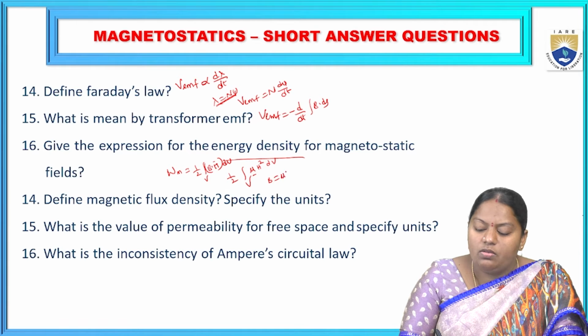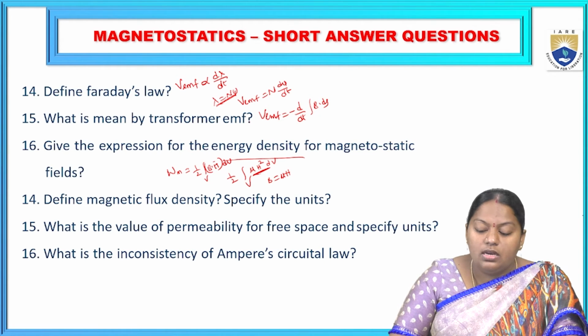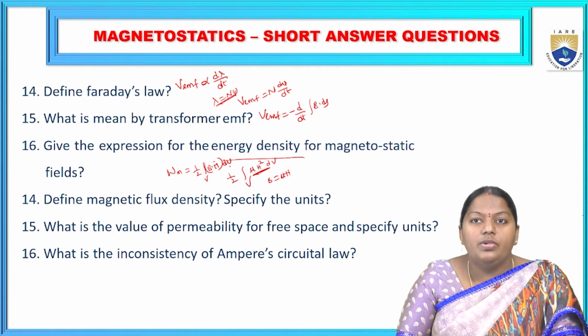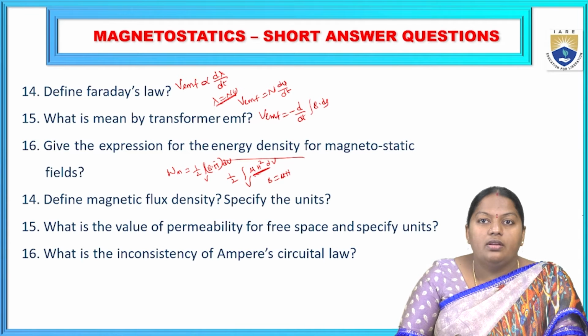If you substitute B equal to mu into H, then half integral over V of mu H square dV can be considered. So this is the energy equation in magnetostatic fields, that is Wm equal to half integral V B dot H dV or half integral V mu H square dV.